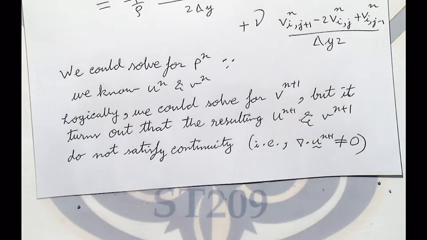All right, so how should we solve this? People tried many different things for several years, and they were actually able to identify the best way to solve this Navier-Stokes equation so that you are able to enforce continuity. Sorry, why not satisfying continuity?